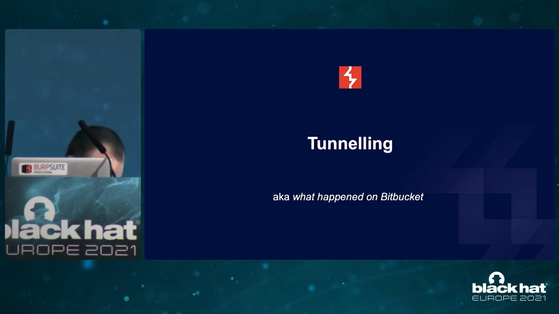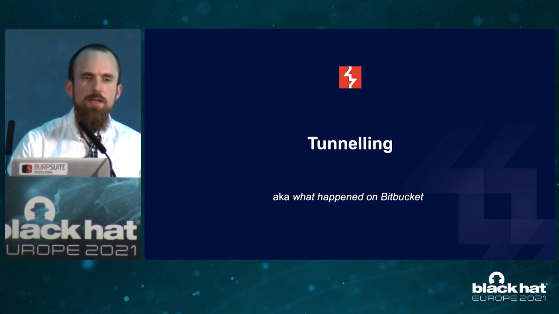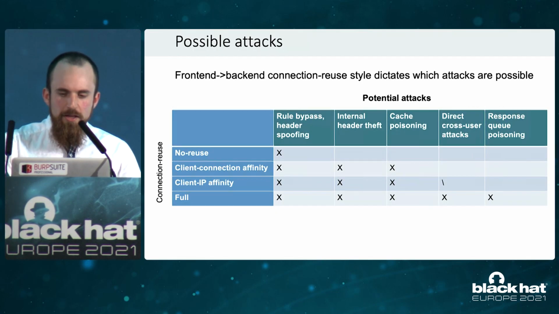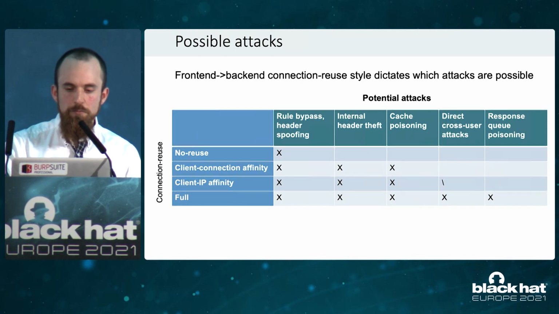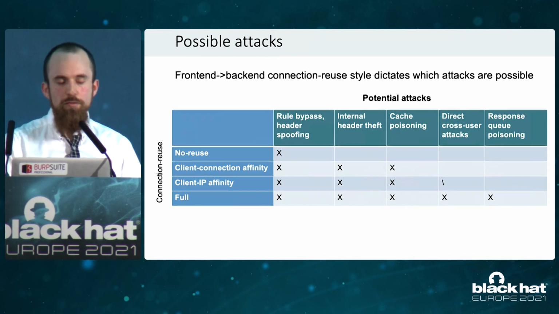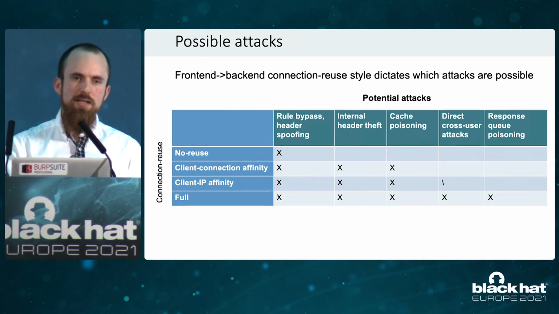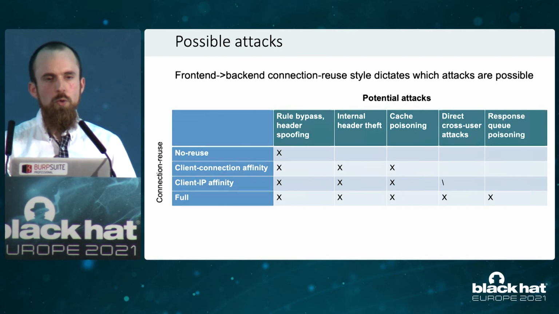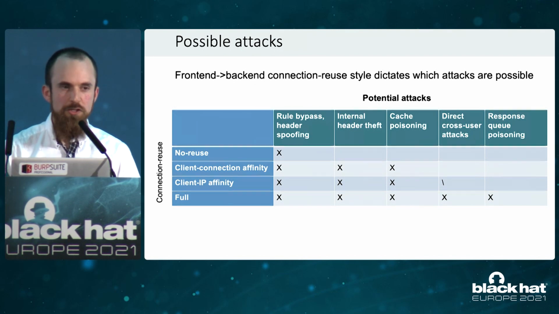Now, we're going to take a look at something less flashy and less obvious, but still quite dangerous. When you find a request smuggling vulnerability, the possible attacks that will actually work are affected by how the front end decides whether to reuse an existing connection with the back-end server or to create a new one. Normally, there's some kind of shared connection pool and you can exploit random users just fine.